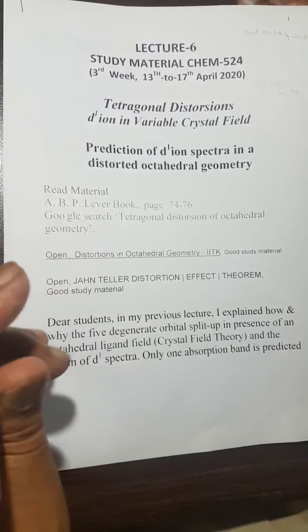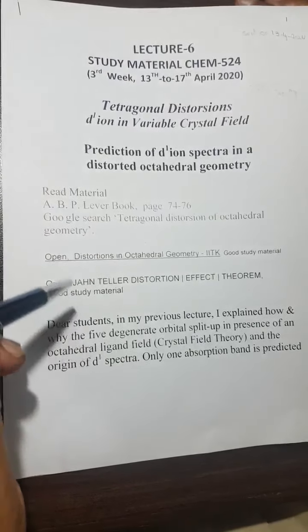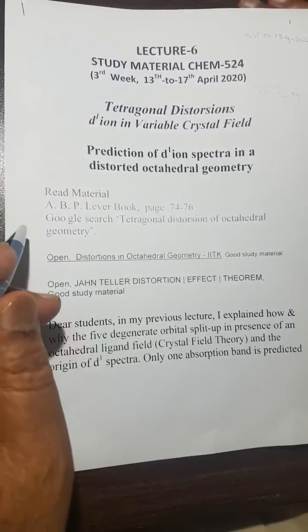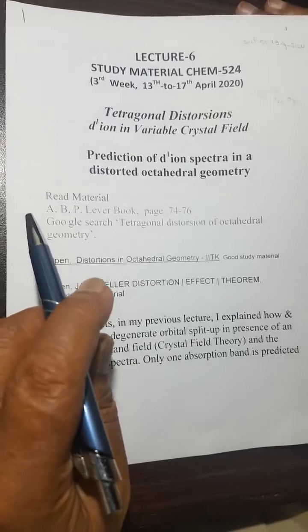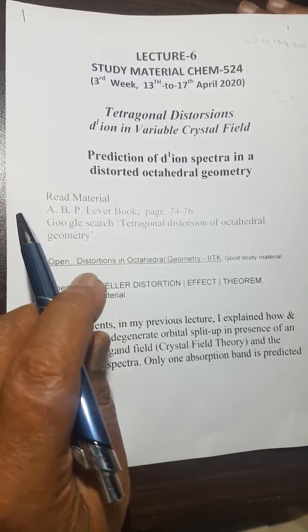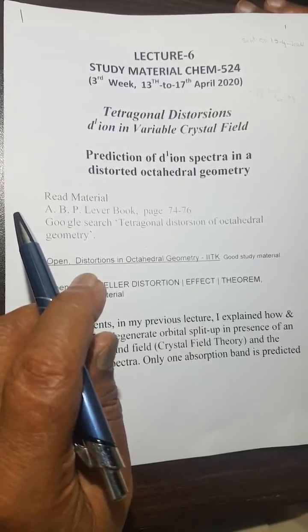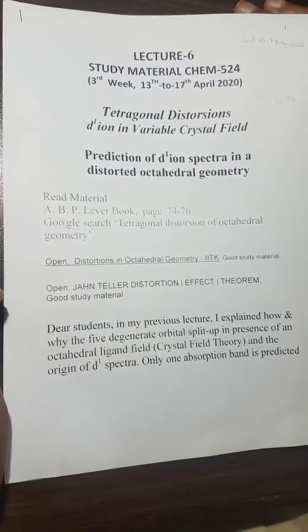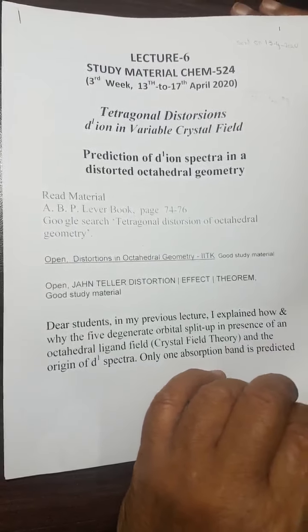In a regular octahedral, all the metal-ligand bond distances are equal. They are the same, whereas in a distorted octahedral, these distances are not the same. We will learn more about it soon.